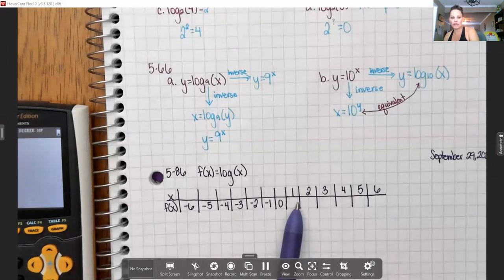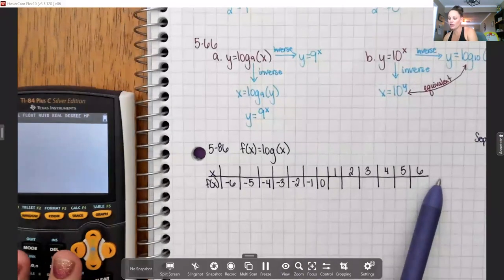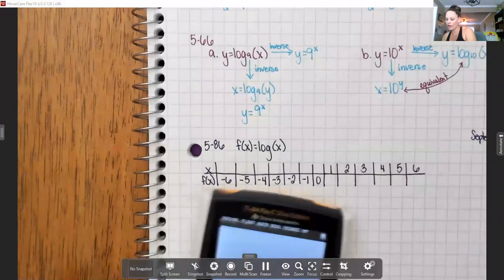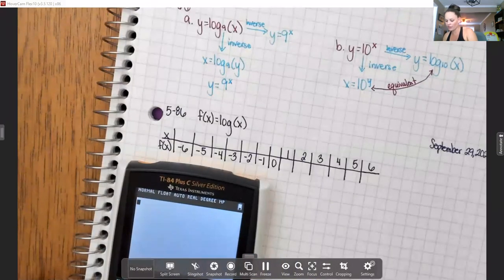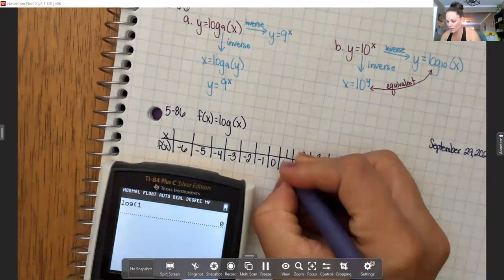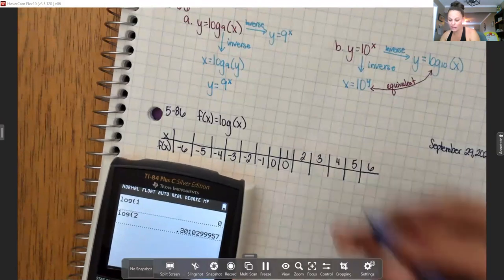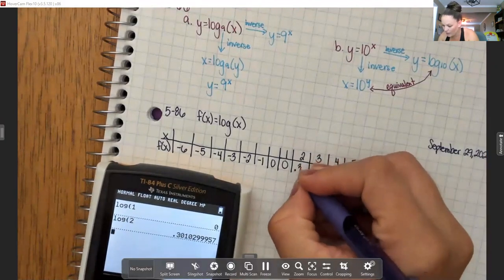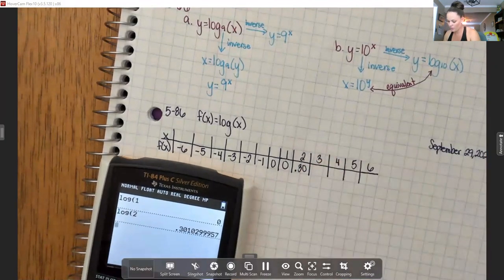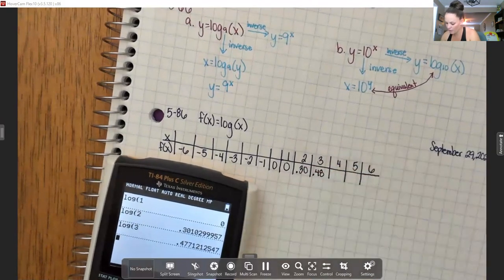So we can fill in these first ones, these positive x values, pretty easily, just by using the log button on our calculator. So log of 1 is 0. Log of 2, we're going to round these, is 0.30. Log of 3 is 0.48.